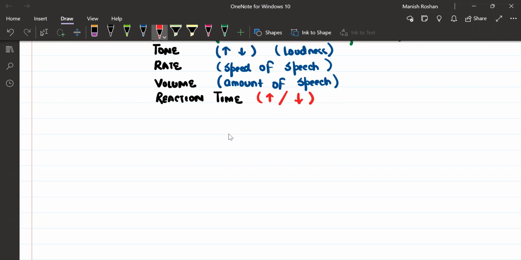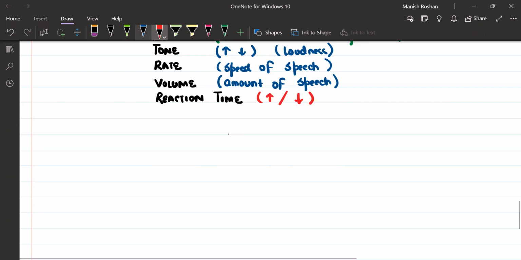You can say the reaction time was increased in case the patient, after you have asked the question, answers after 4 seconds, 10 seconds, maybe a minute later. That time the reaction time has been increased. Or in case of mania, the moment you start asking a question, the patient starts answering in between the question. That time the reaction time is reduced.